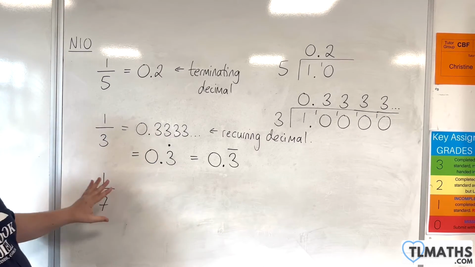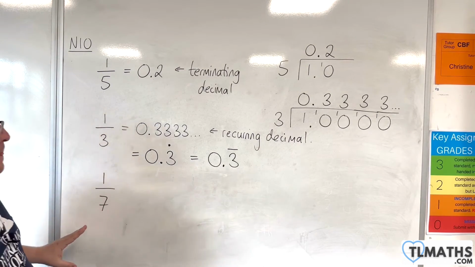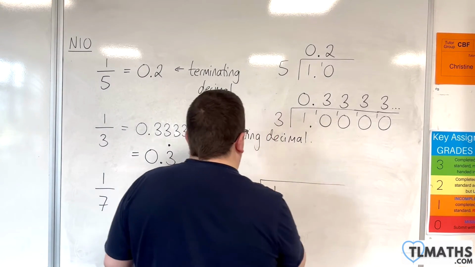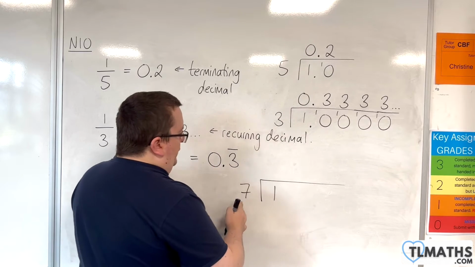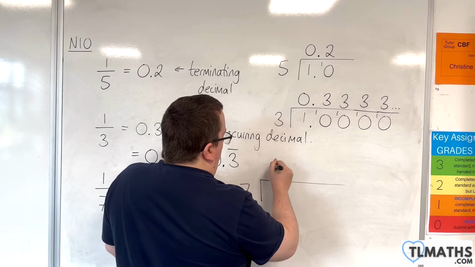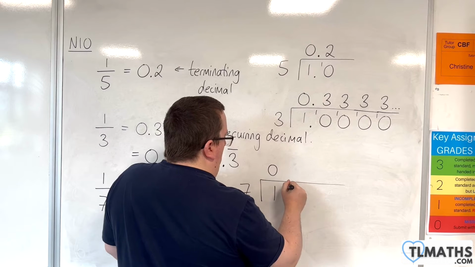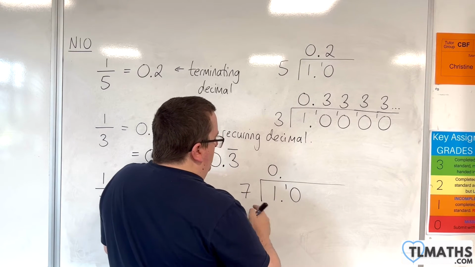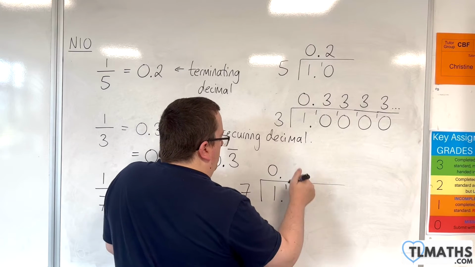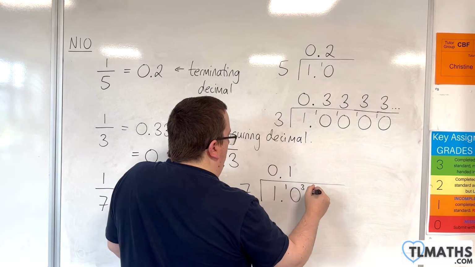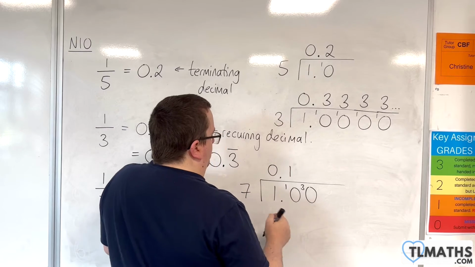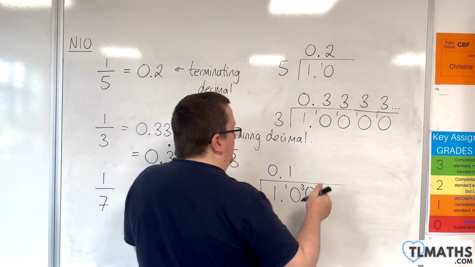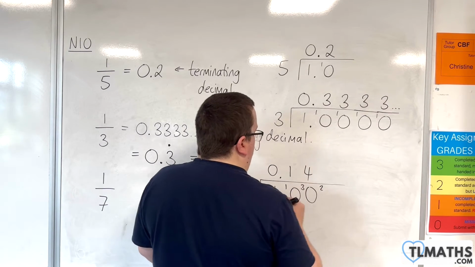Now I'm going to take a look at another example here, 1/7. Okay, so 1 divided by 7. Now 7s into 1 go 0 with remainder 1. Bring in a decimal point and a 0. 7s into 10 go once with 3 remainder. Bring in a 0. 7s into 30, well 4 7s are 28, so 4 times with remainder 2.